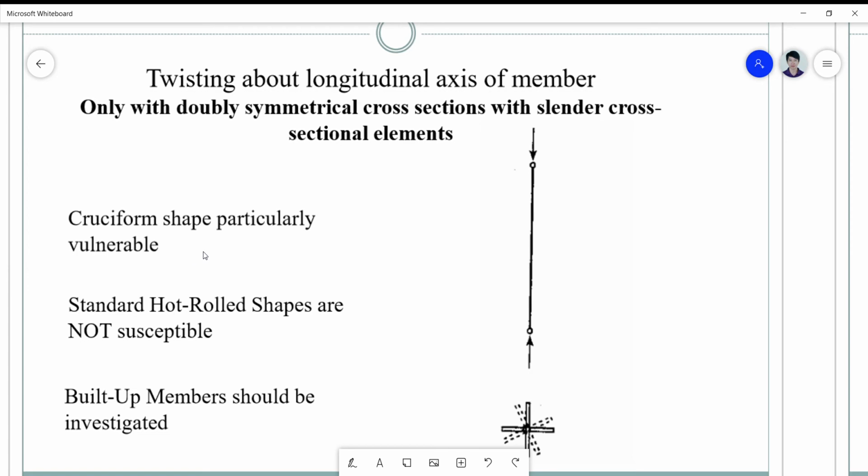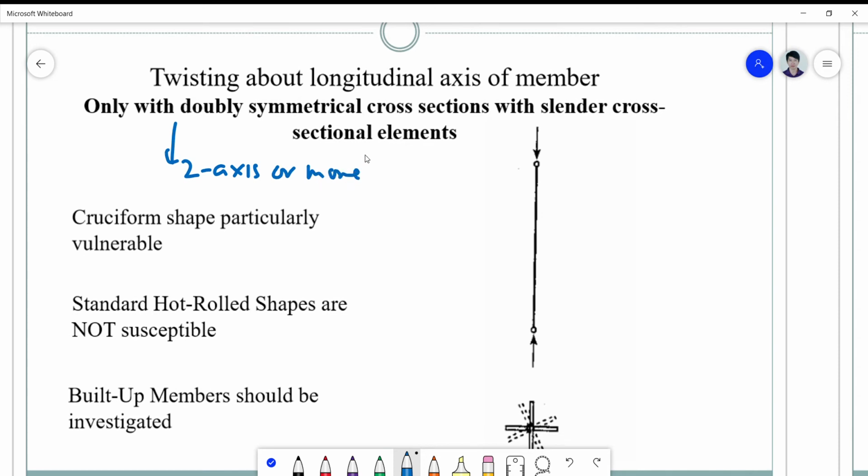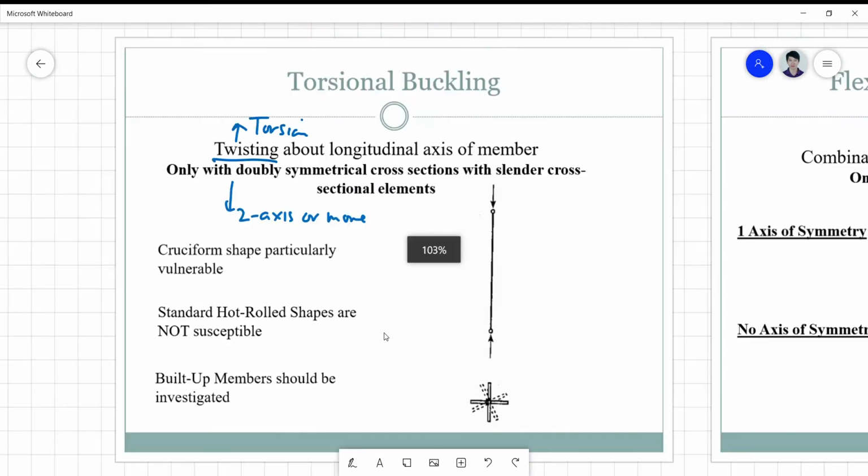So it means that two axes or more are very susceptible in terms of twisting, and this twisting has something to do with your torsion. Standard hot rolled shapes are not susceptible, but it may occur. And built-up members should always be investigated.